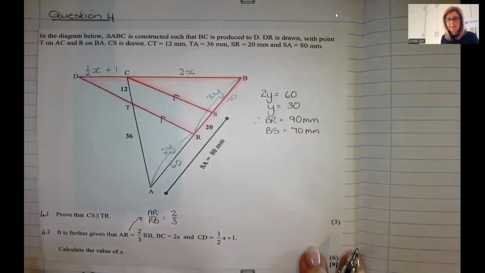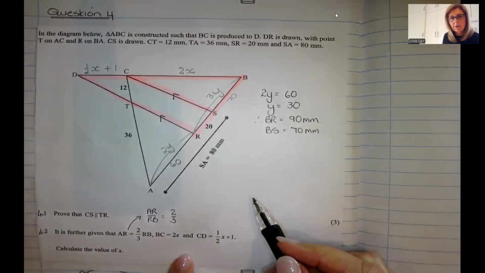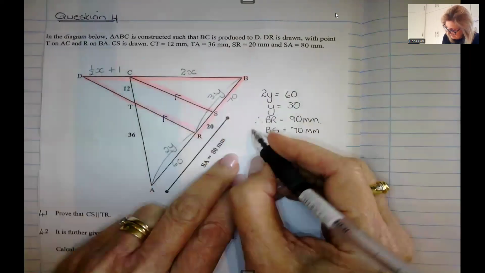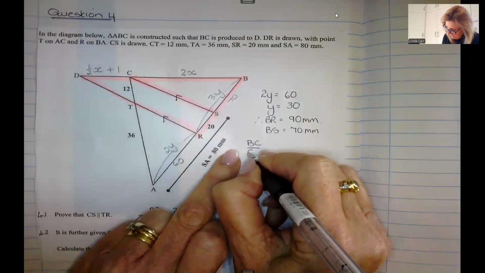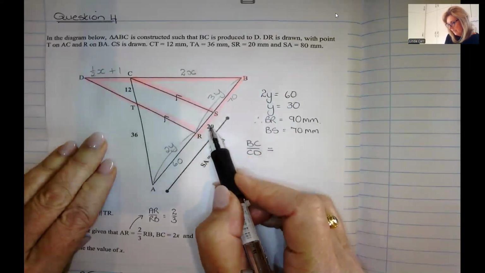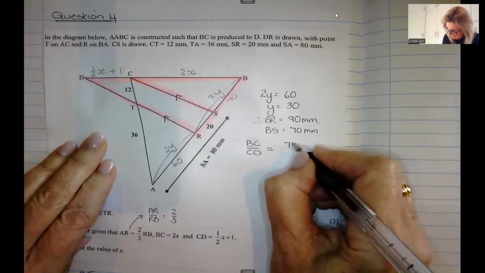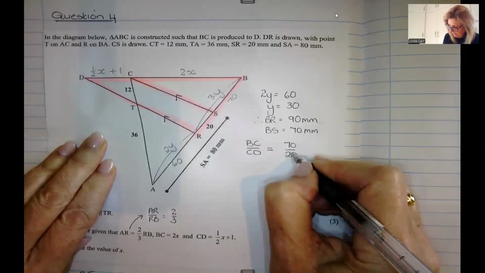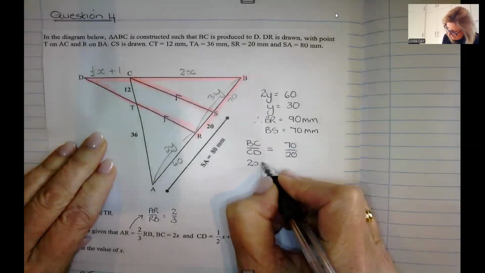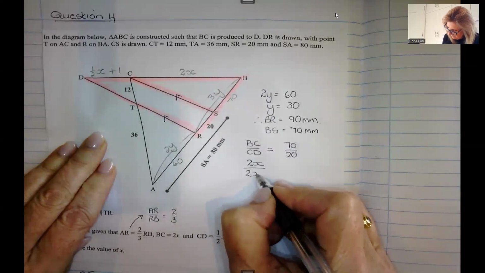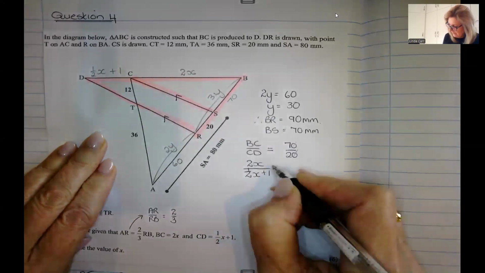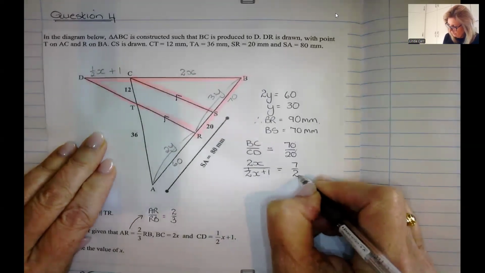Right, I don't need that because I'm going to now say BC over CD must be 70 over 20, which would obviously be 7 over 2. So 2x divided by a half x plus 1 is the same as 7 is to 2.